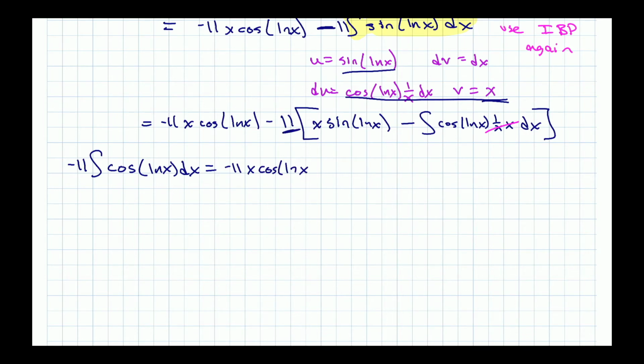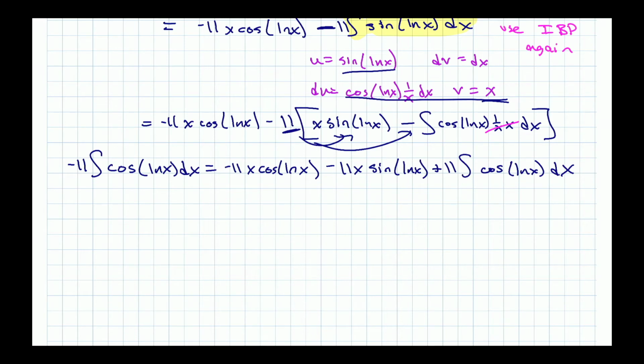I'm going to distribute this 11 through both of these. So negative 11x cosine ln x, and then minus 11x sine ln x. And then the third term is going to be a minus 11 times a minus, which will be a plus 11 integral cosine ln x dx.